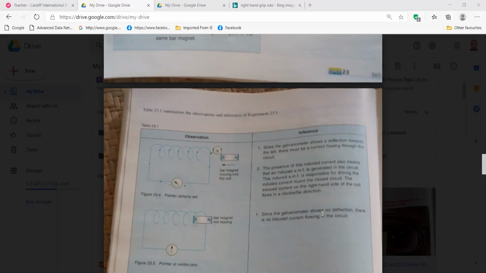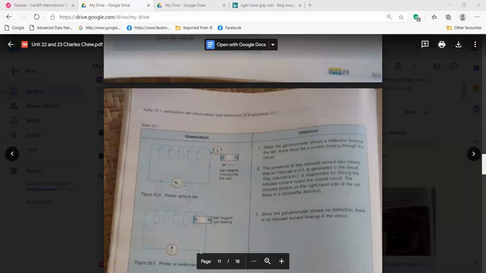Fleming's left hand rule we use for the DC motor. We discussed that one. And here we are getting kinetic energy from electricity. Can you note down, please? Kinetic energy from electricity.